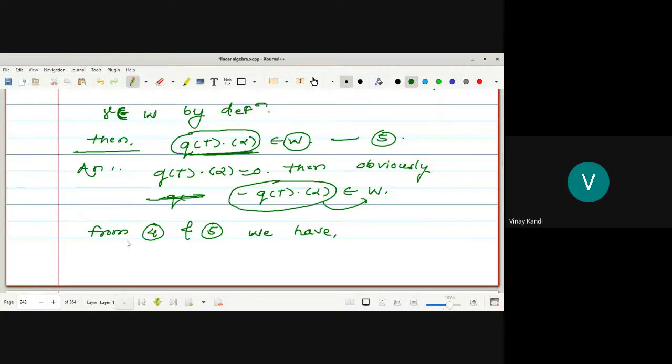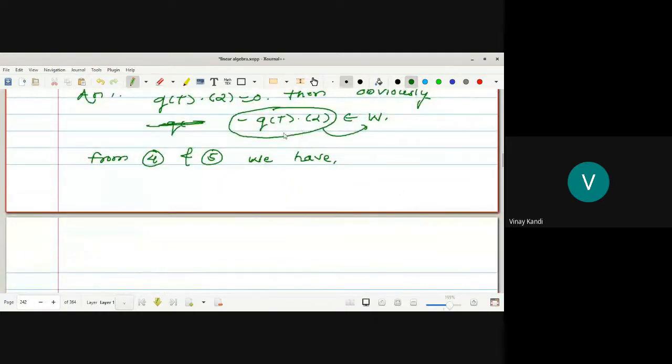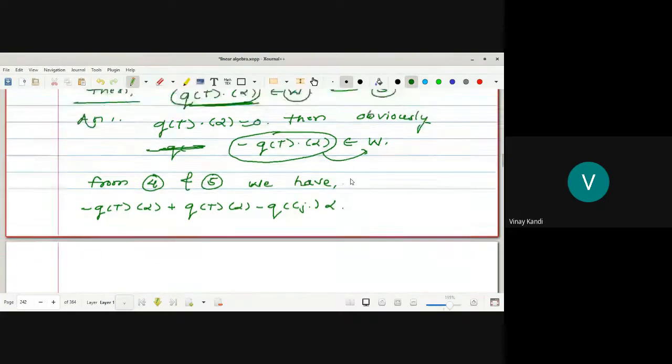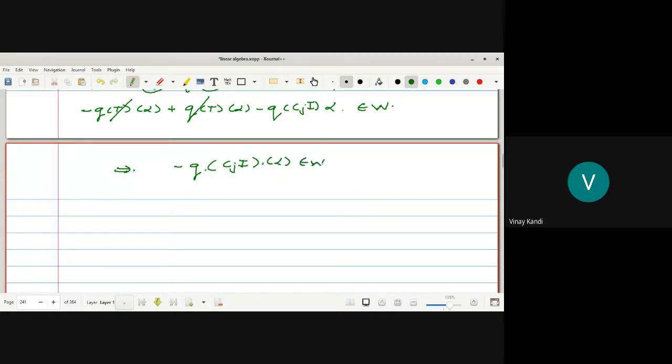This one belongs to W. The fifth term, this one also belongs to W. Then the addition also belongs to W. That means minus Q of T of alpha plus Q of T of alpha minus Cj into I of alpha belongs to W. Now this term gets cancelled, so that implies minus Q of Cj into I of alpha belongs to W. Any doubt up here?